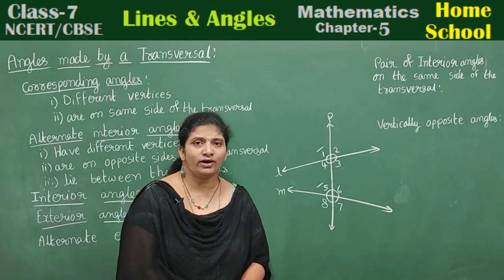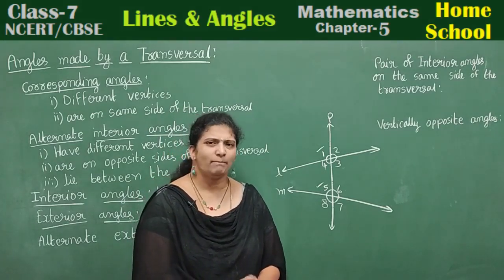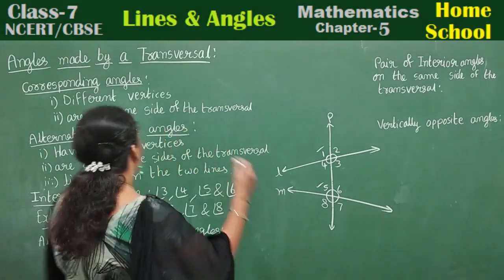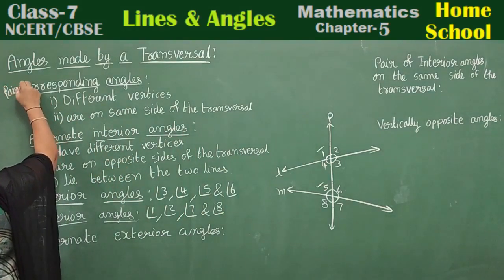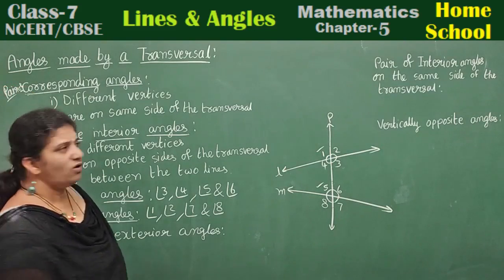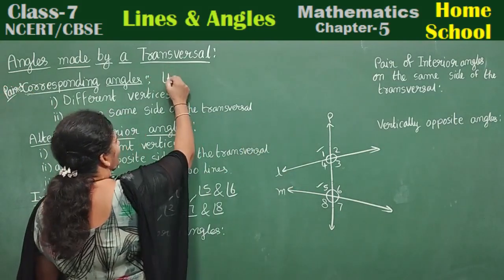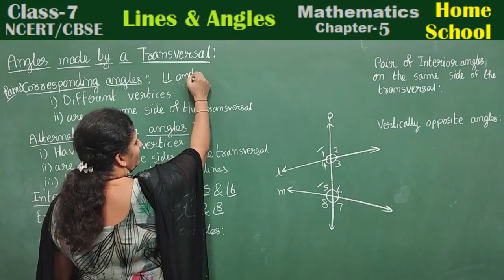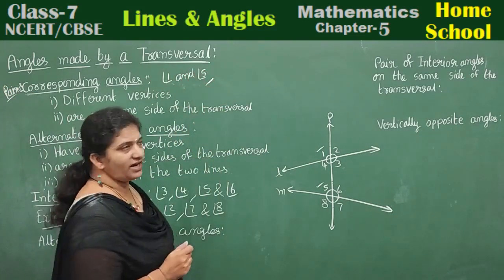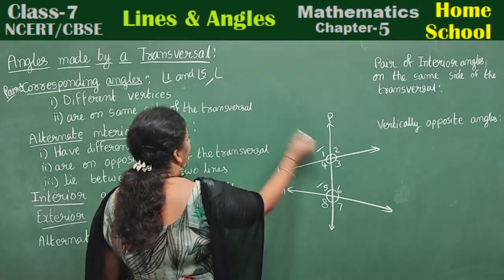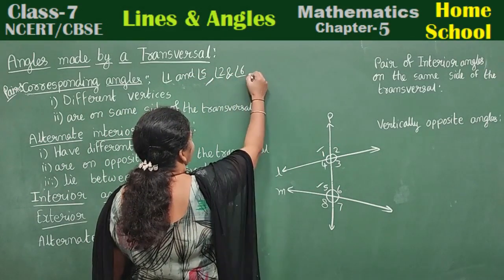Now we are going to identify the pairs of corresponding angles. Pair means 2. Let me write here: pairs of corresponding angles. What are the corresponding angles here? Identify. Angle 1 and angle 5, comma. There are 4 pairs, right? You can write angle 2 corresponding to angle 6.